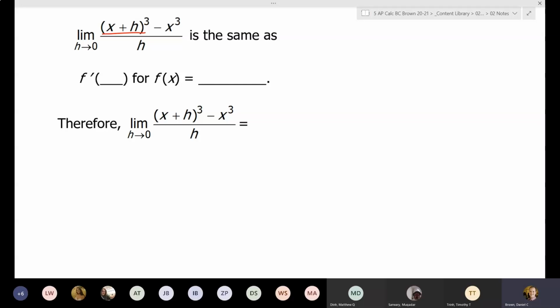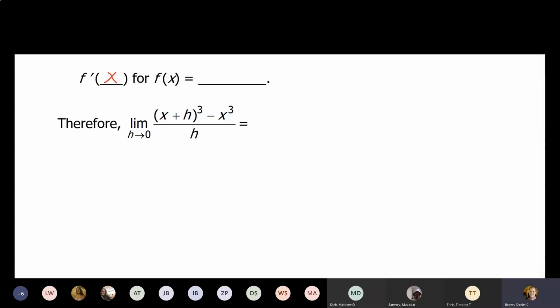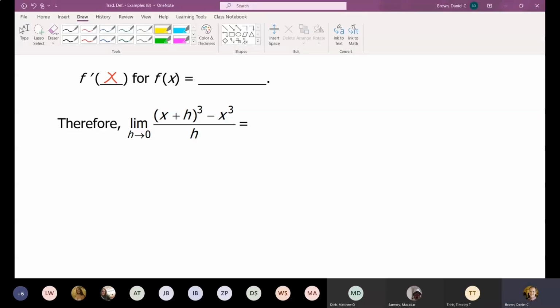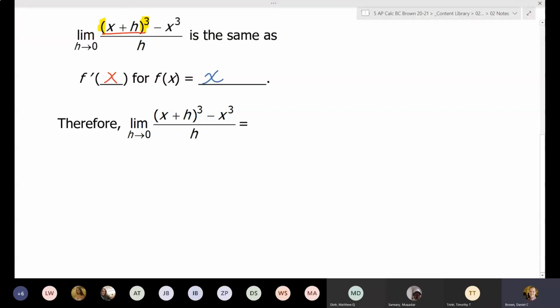Or the quicker way is, oh, I know that is the traditional definition of the derivative. There is no a number plugged in, so that's just asking me to find the derivative at x. What function was plugged into the x plus h? It appears to be something cubed, so the function I'm actually taking the derivative of is x cubed.